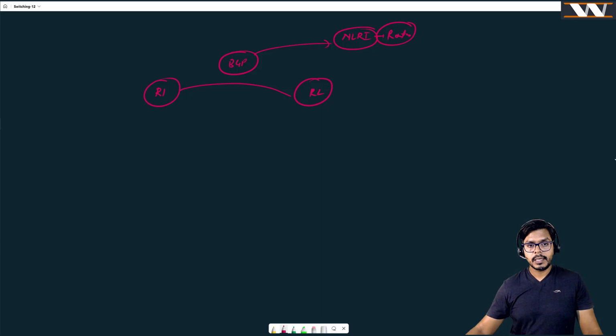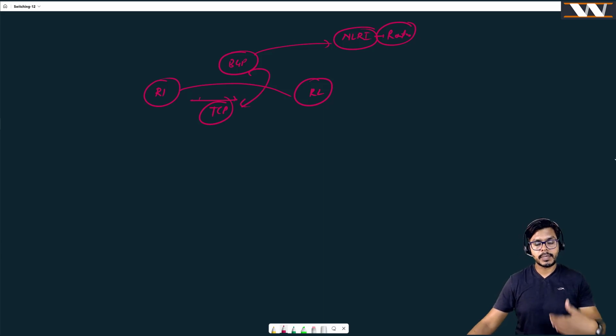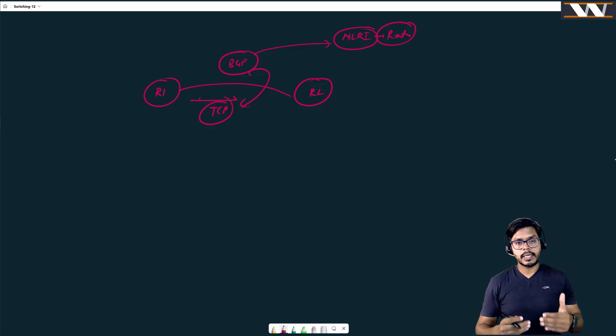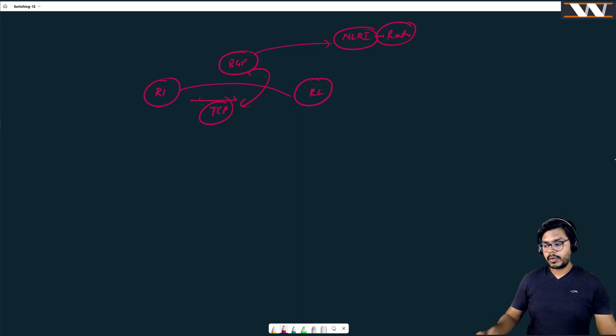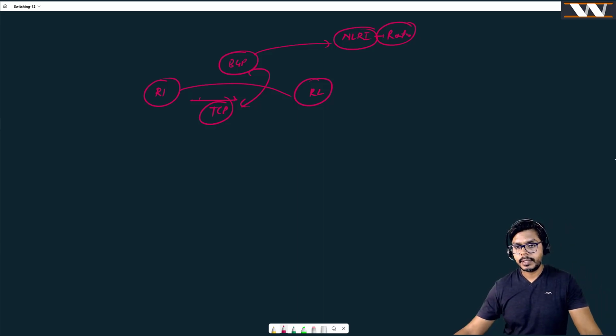But people say to send your BGP messages, you need TCP, right? BGP uses TCP to send its messages. If you do not know, please have a look at my course or anywhere you can read about BGP. To send its messages, BGP uses TCP, which is a layer 4, transport layer protocol.